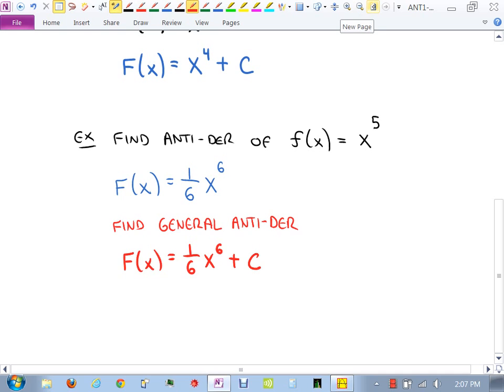New page. Find, let's say, an antiderivative of f of x equals x to the n. So that's kind of like the x to the fifth a second ago, isn't it?